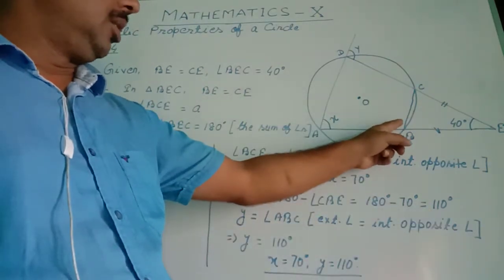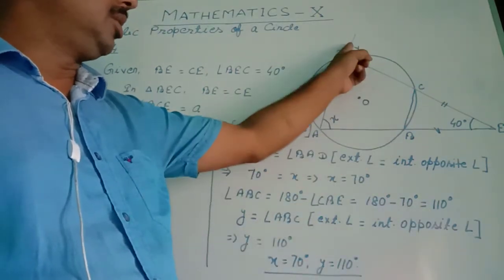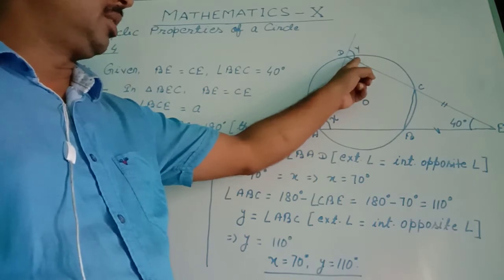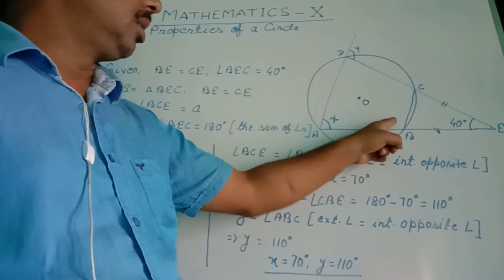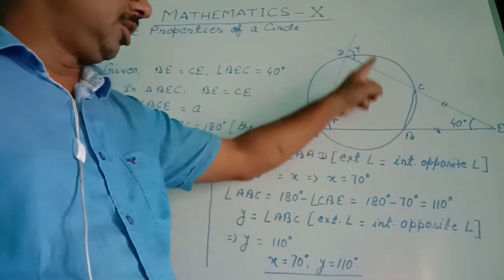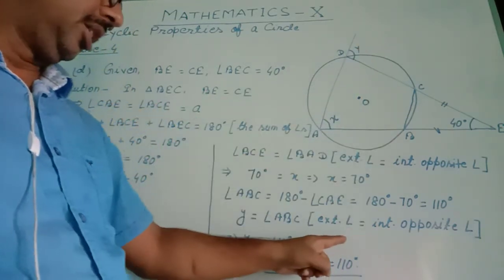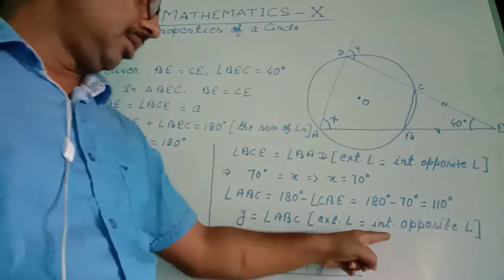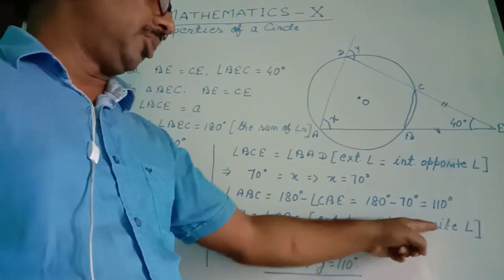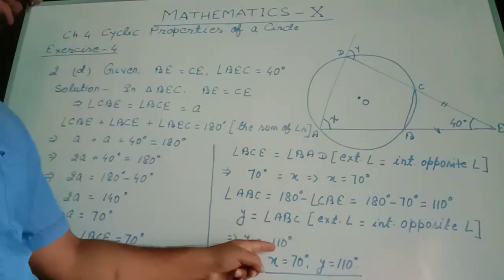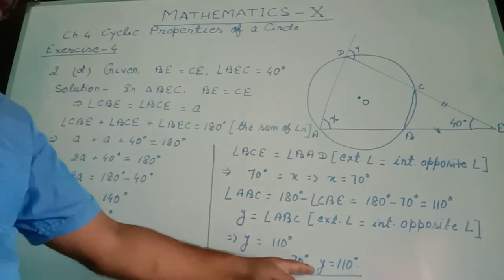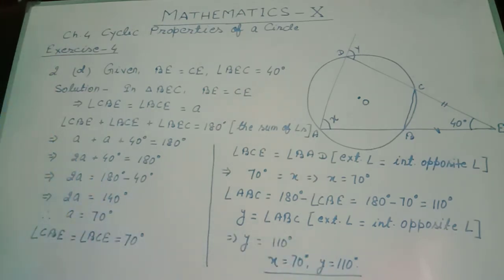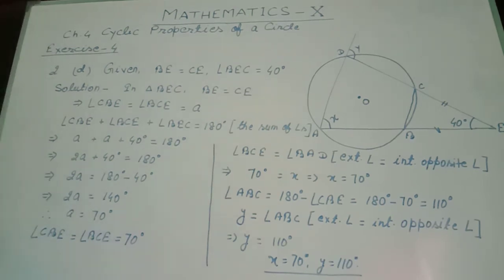Now this is the interior opposite angle for this exterior angle of the cyclic quadrilateral. Therefore y equal to angle ABC, because exterior angle is equal to interior opposite angle of the cyclic quadrilateral, that I have written in the reason. So y equal to 110 degree. In this way we got two values, X equal to 70 degree and Y equal to 110 degree. These two are the answers.